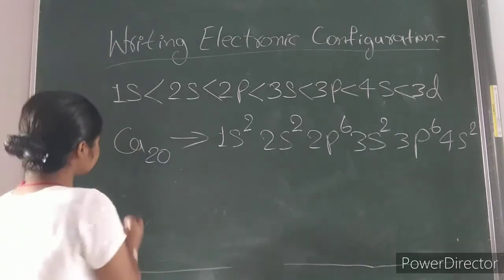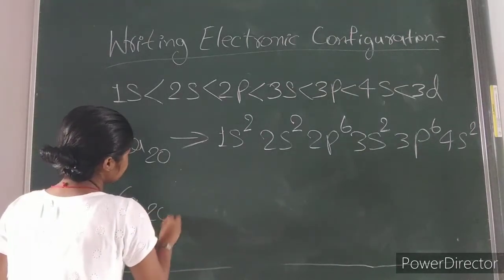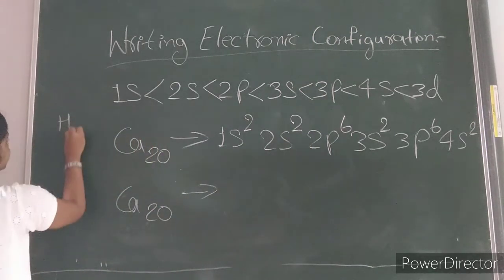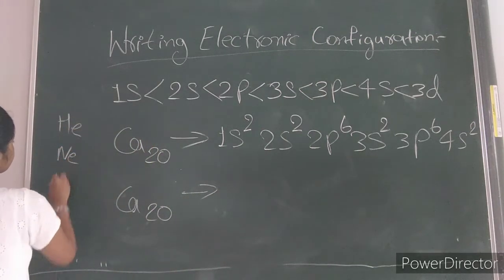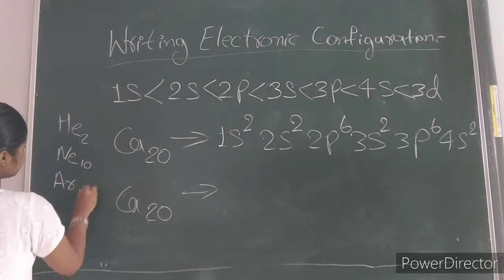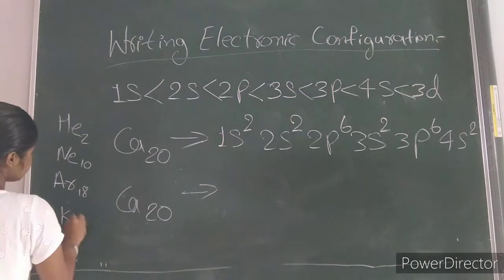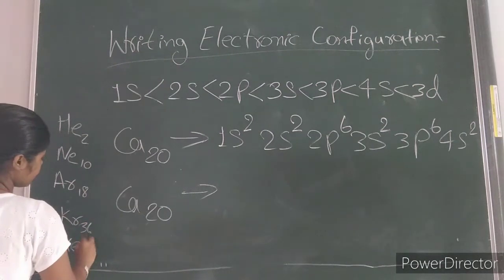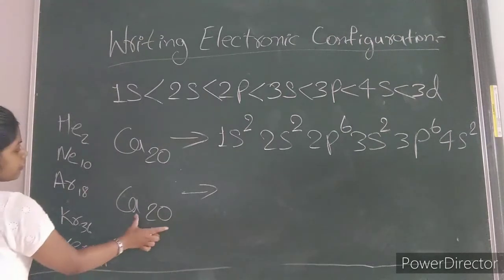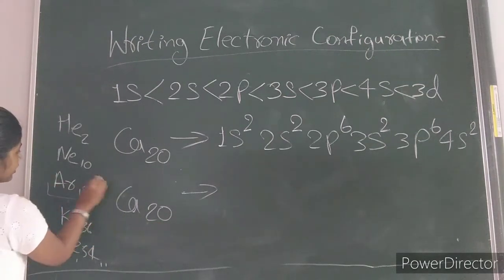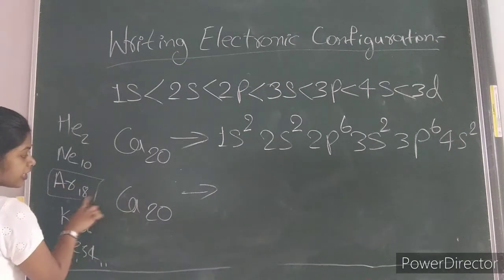Now the condensed way I have also taught you: first write the noble gases, helium, neon, argon, with atomic numbers 2, 10, 18, then krypton, xenon and radon and so on. Till 20, which comes first? Argon, 18, is nearer to calcium.